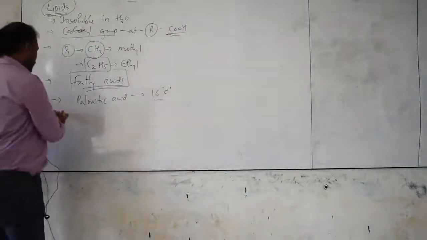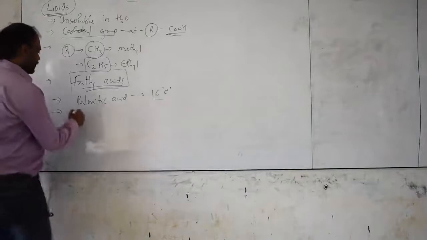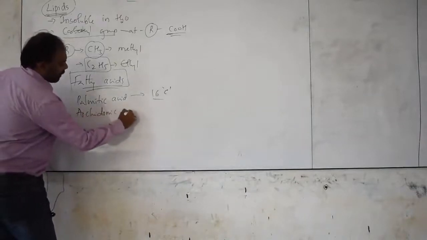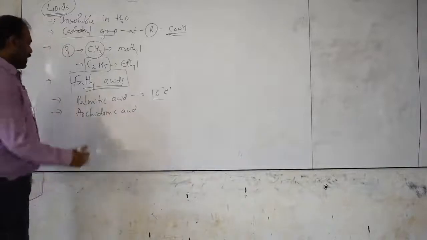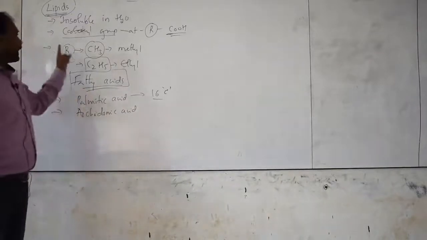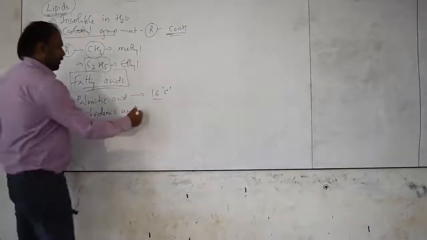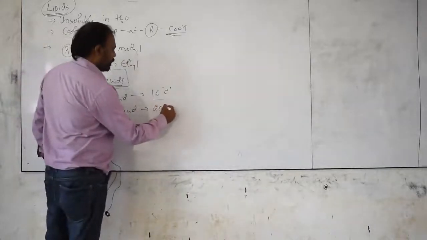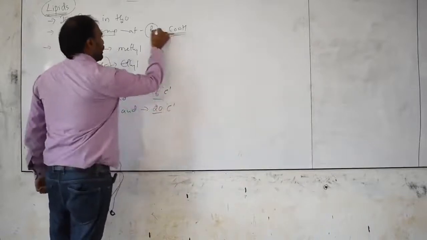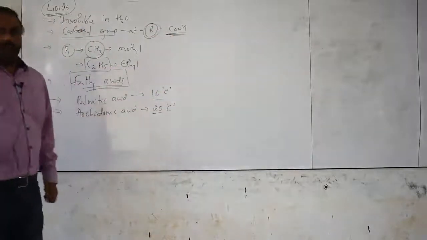At the same time, one more example is arachidonic acid. It is also an example of a lipid or fatty acid, which contains 20 carbons including this C present in the carboxyl group.